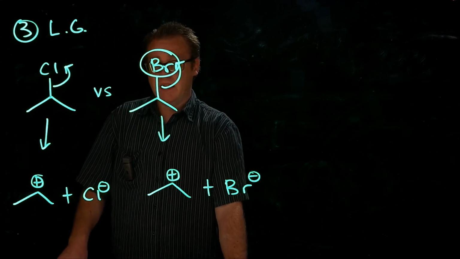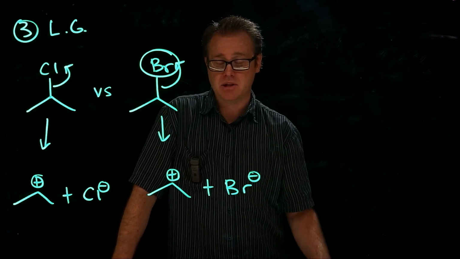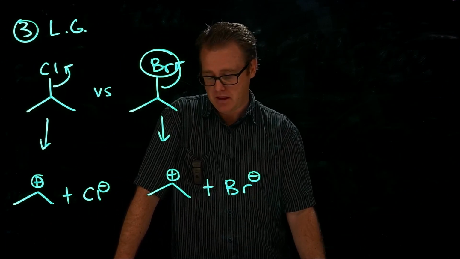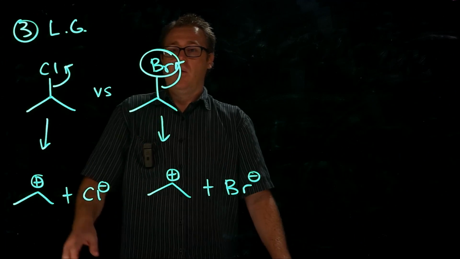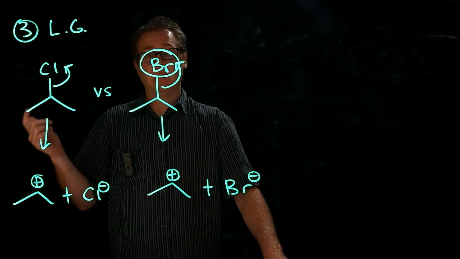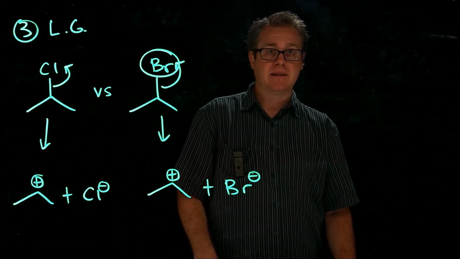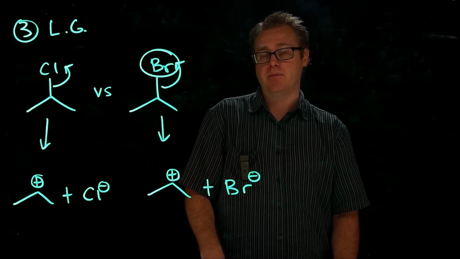Okay, so in order to do these 4 mechanisms, you have to have a leaving group. For the SN2, E2, SN1, and E1, every single one of those mechanisms needs a good leaving group.